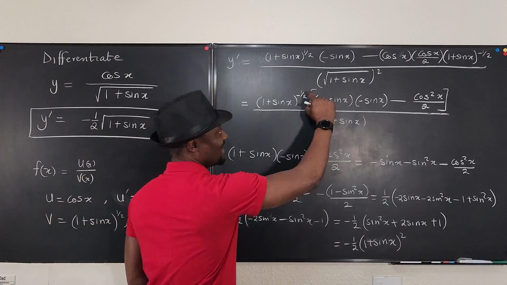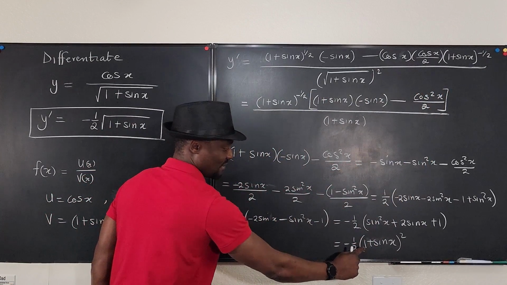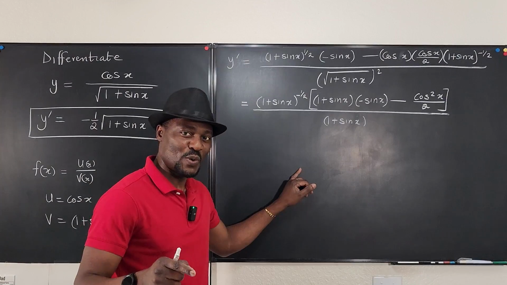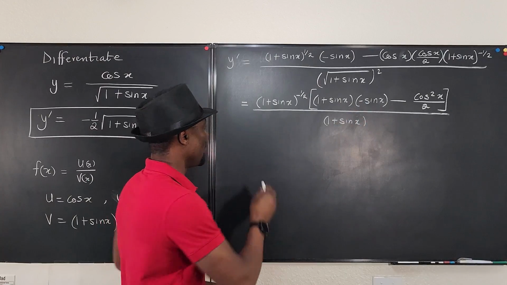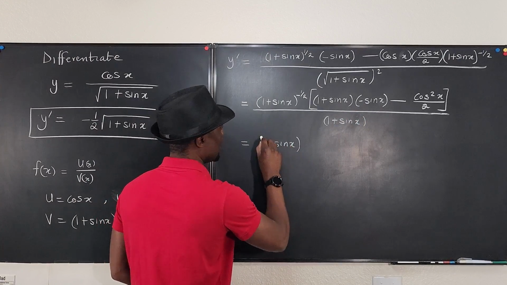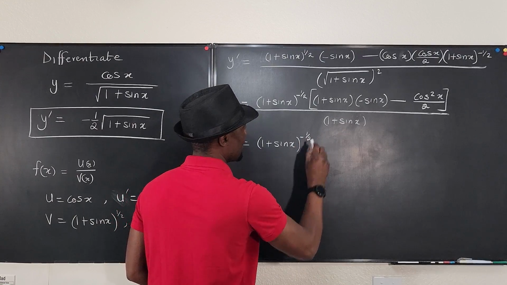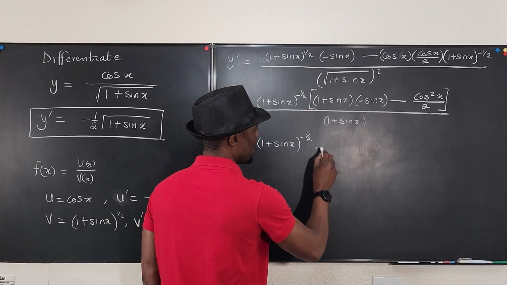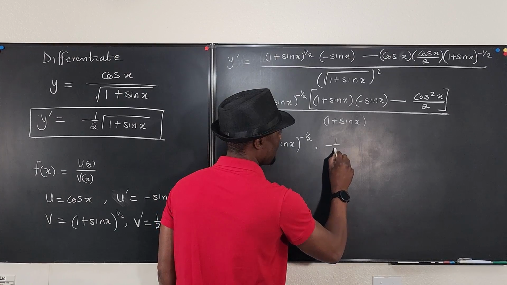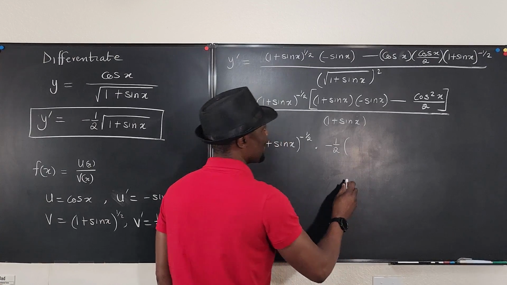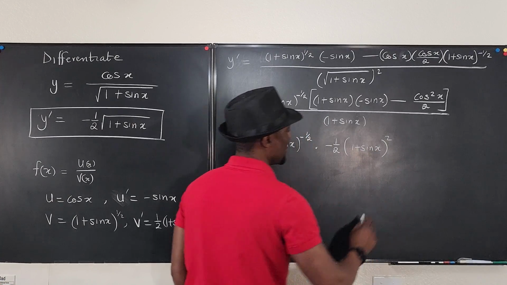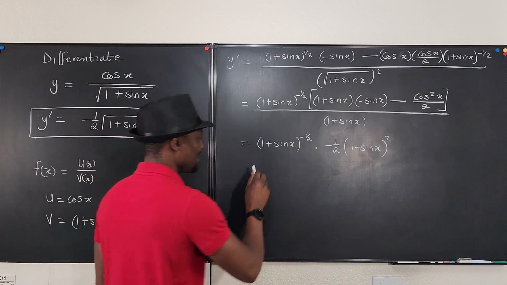Everything in here is the same thing as negative 1/2 times 1 plus sine x squared. So we just need to fill that in here. We have 1 plus sine x to the negative 1/2 multiplied by minus 1/2 times 1 plus sine x squared. That's incredibly simple.